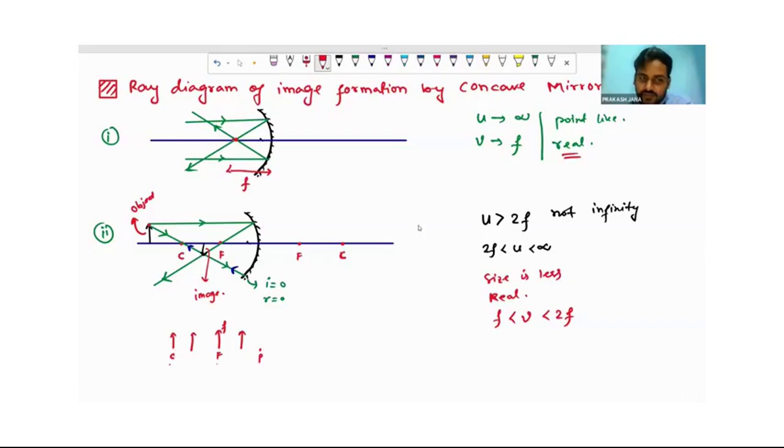For these four cases, you can draw the ray diagram and get the image and information, that is the position, whether the size is less or large, real or virtual. Okay, so I hope you all understood this session.